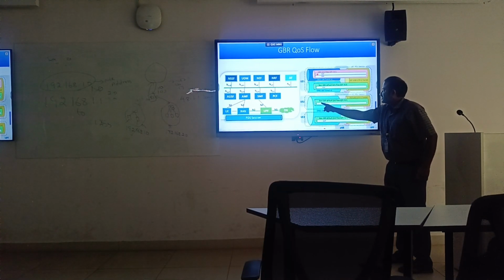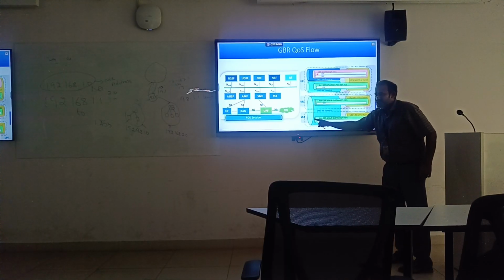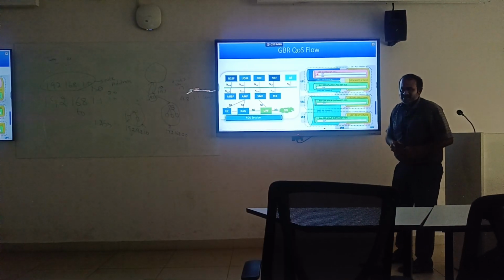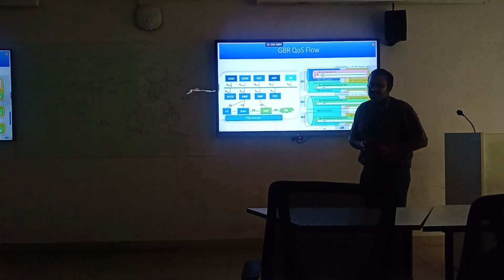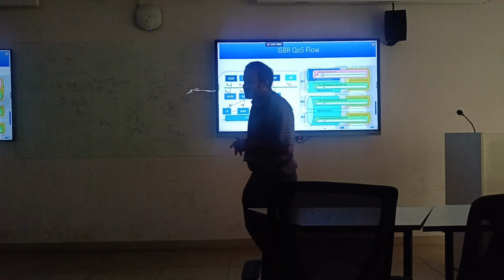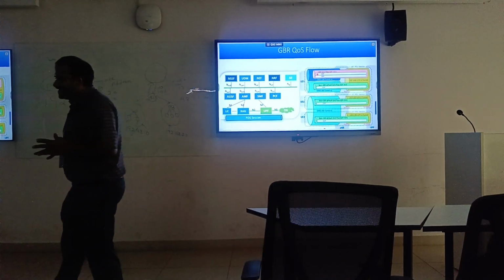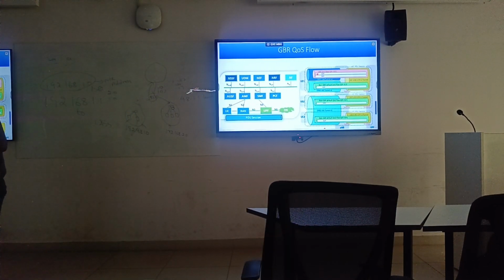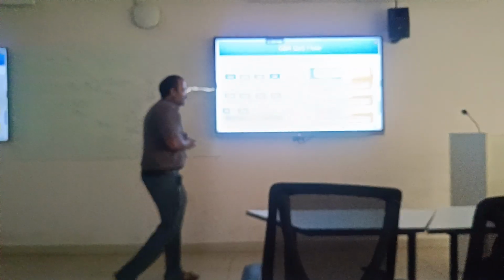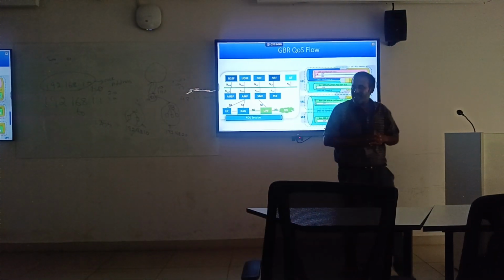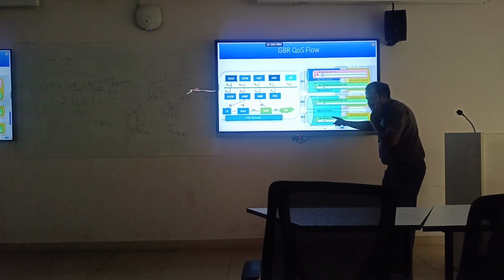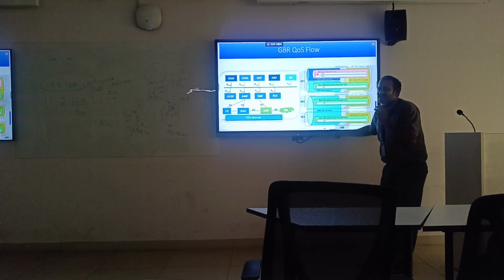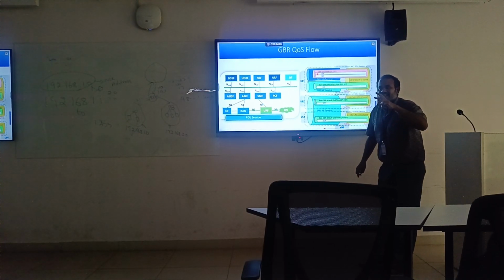What is this? UE2 and UE3. What is common here? Just see it. Data bearer. Which is common here? Data bearer is common here. Okay. So why is it common here? Both requested the same non-GBR. Both are using non-GBR. Correct. So what does that mean?